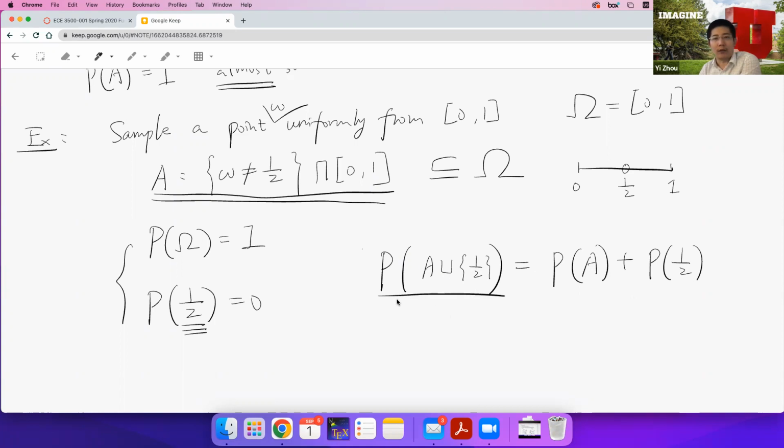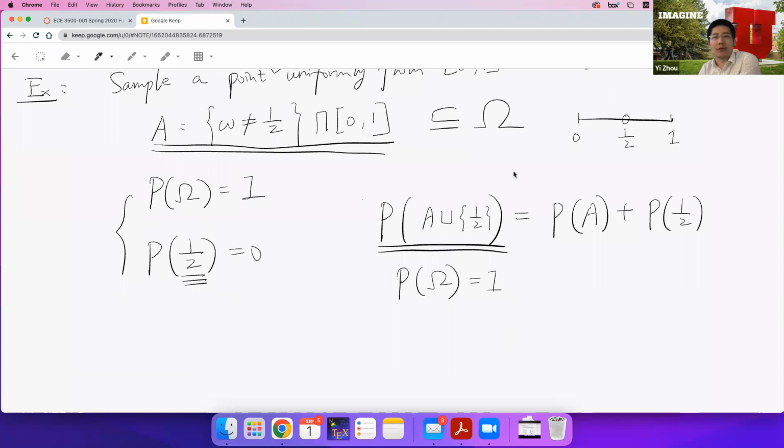On the other hand, A union 1/2 is exactly the interval 0 to 1, so this is omega, and P of omega equals 1. Therefore 1 equals P(A) plus P(1/2). Well, P(1/2) is 0, so you conclude that P(A) is 1.